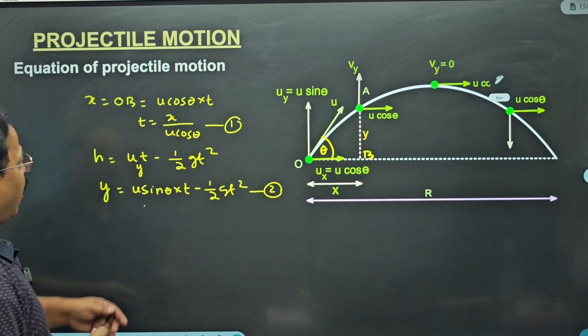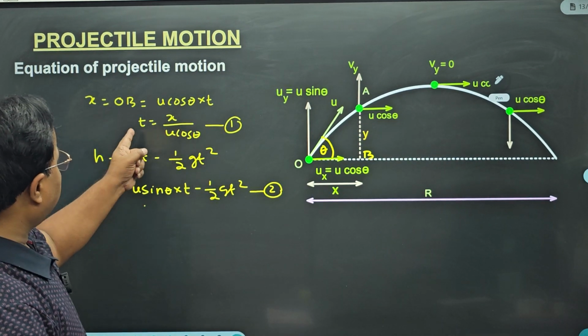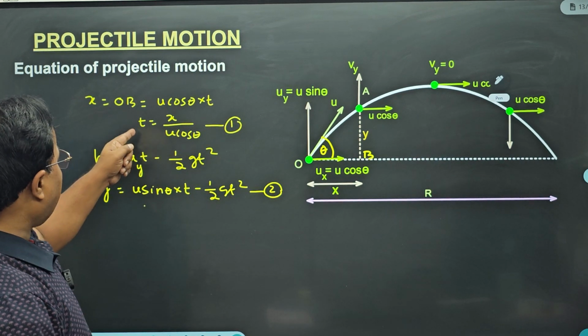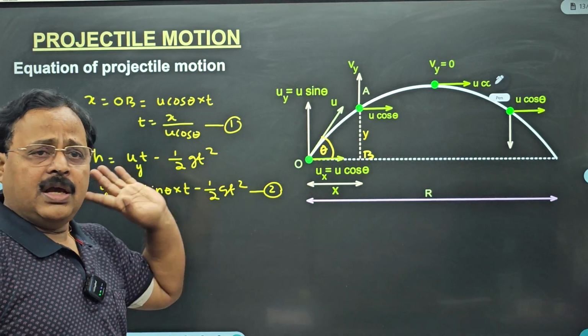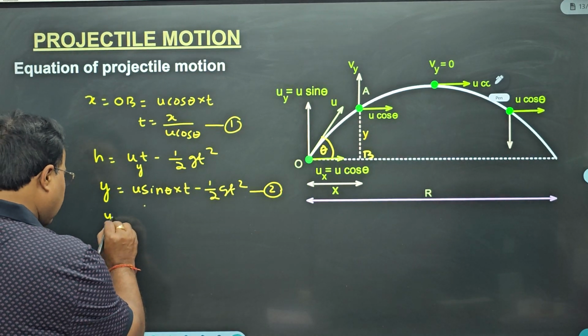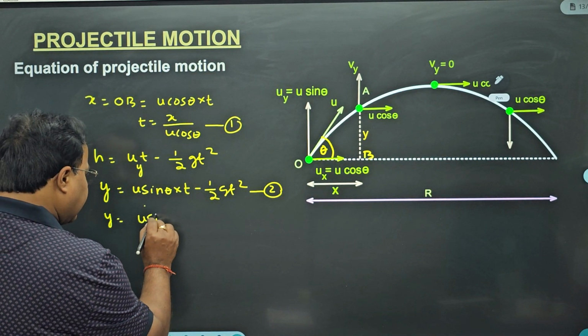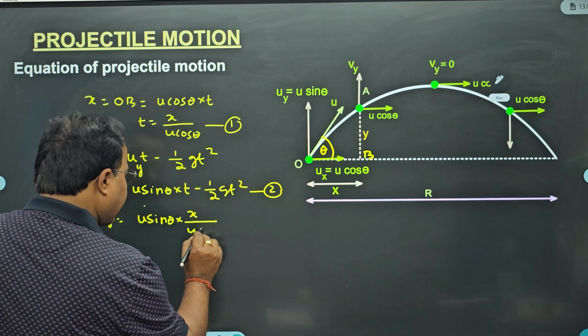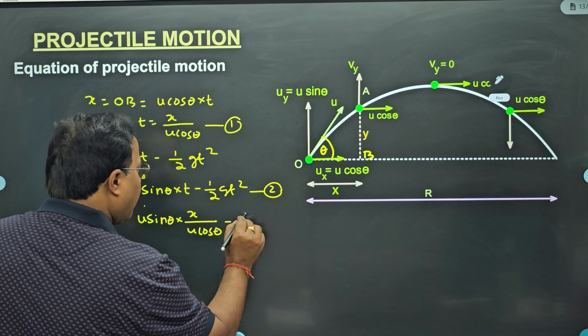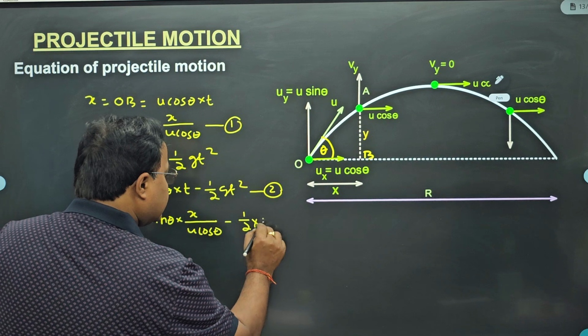Now we will take the value of time t from equation 1 and put it in equation 2. What we get is y equal to u sin theta into time, where time is x by u cos theta, minus half g into t square.